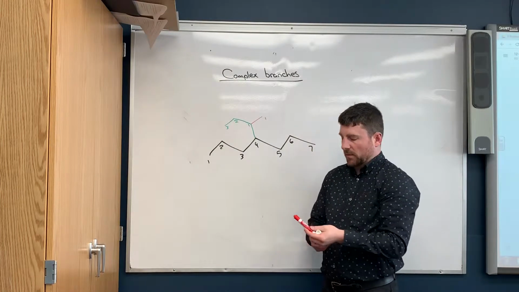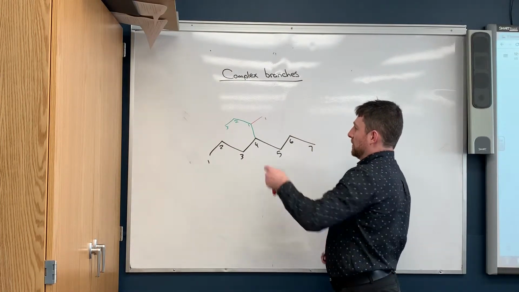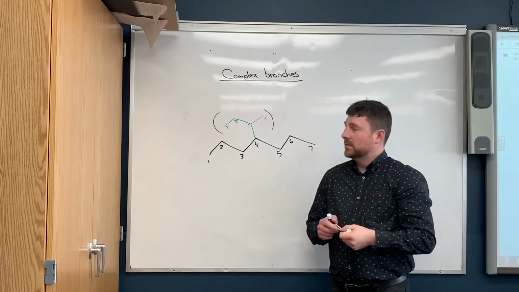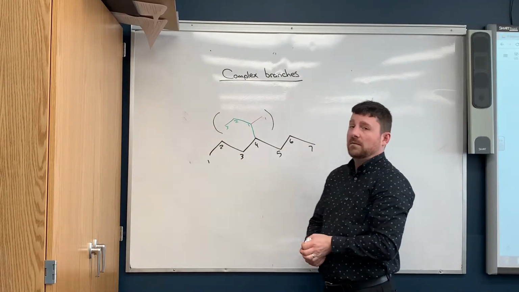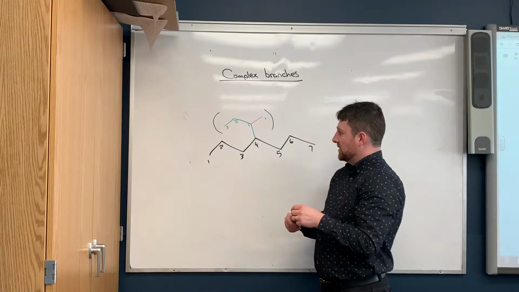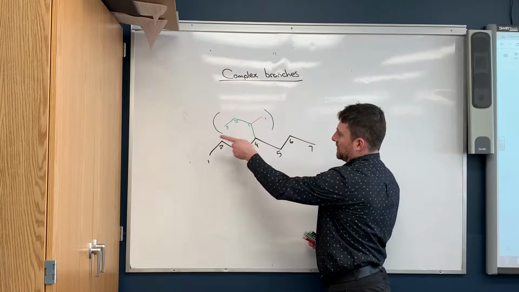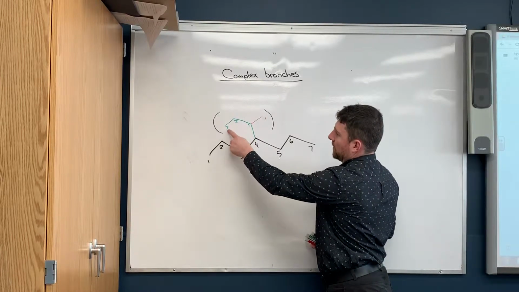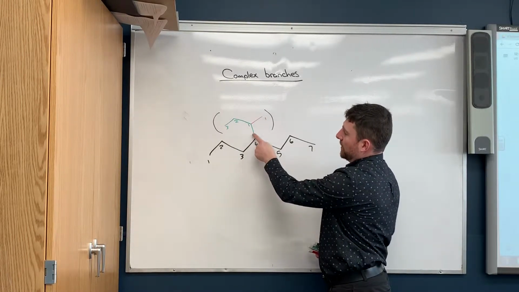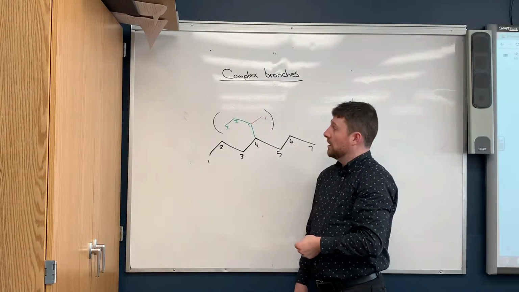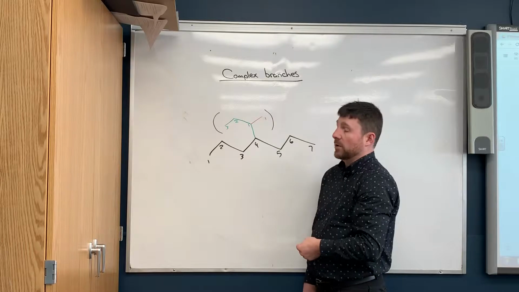Okay. So here's going to be our complex branch again in brackets. It's going to be this whole part. Okay. And since I've drawn it out colored, it's somewhat easy to see that this is 1, 2, 3 carbons long, whereas if we went the other way, it would be 1, 2 carbons long. So we're looking for the longest part of the complex branch to be our main part.